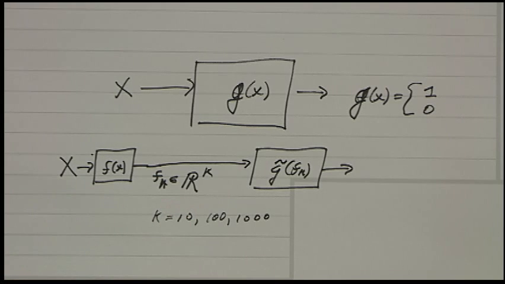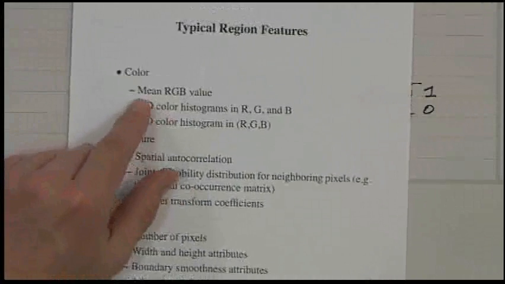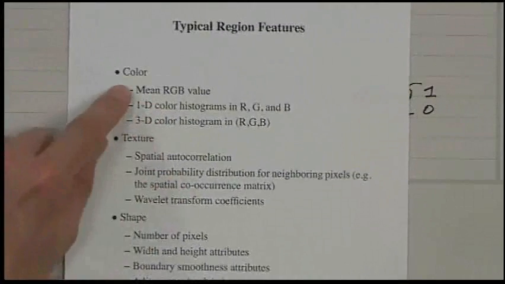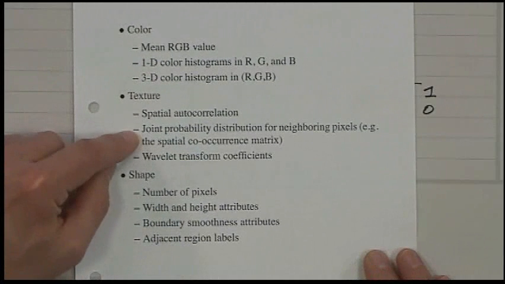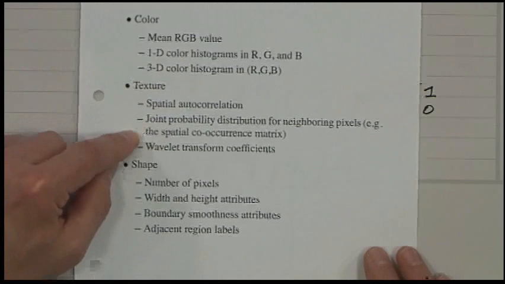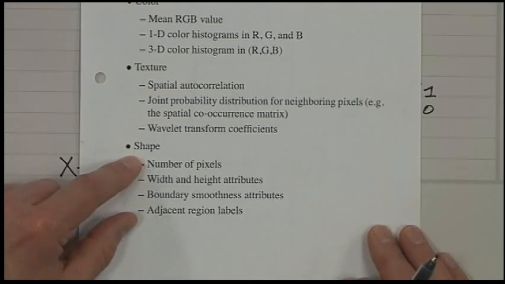Feature vectors might include things like, if you're doing segmentation, color, texture, and aspects of morphology or shape.